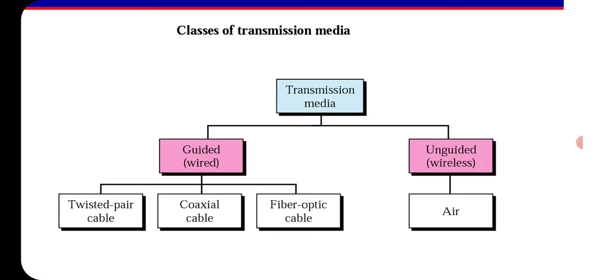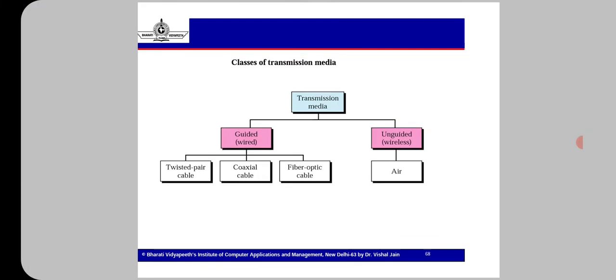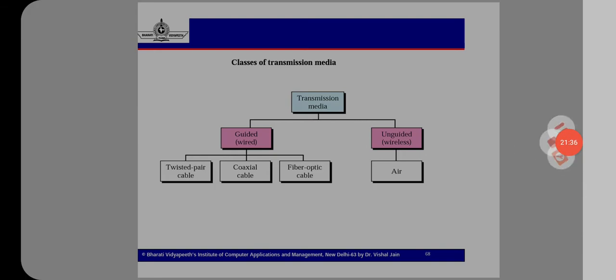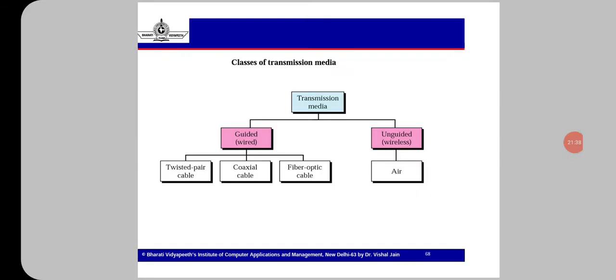Again, guided media is divided into three types: twisted pair cables, coaxial cables, and fiber optic cables. Unguided media or wireless media means air. So we will discuss all these transmission media with their characteristics, features, and others.